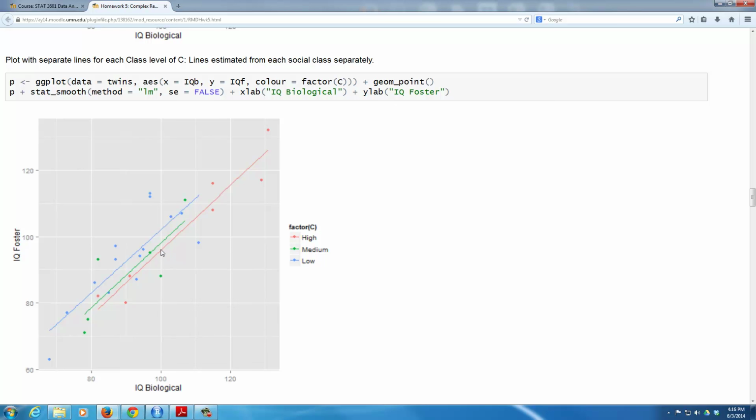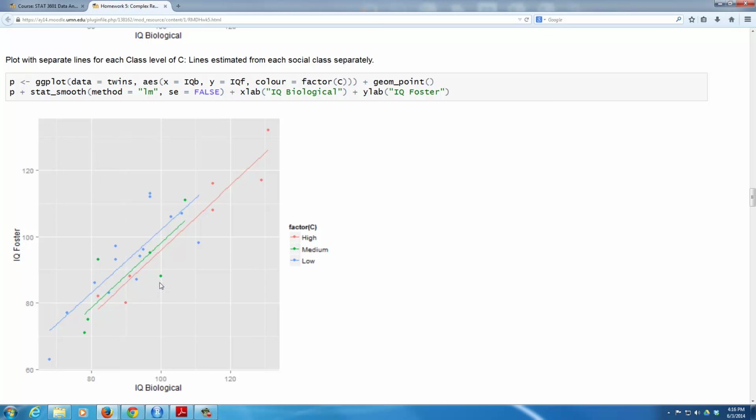And so there's a penalty for getting out of the high class home. The foster child faces a penalty. Whereas in a low social class home, the biological twin of 100 getting out of that home gives the foster twin a 2 or 3 point advantage over the biologically raised twin.